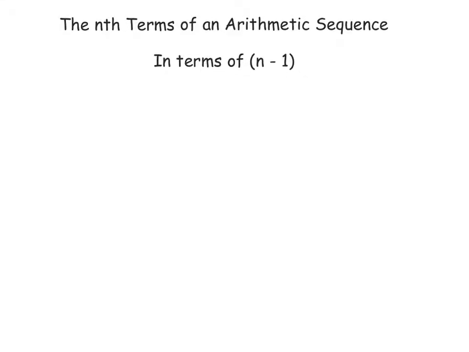Now, I talked in the first lesson that when it comes to writing a formula, we need a few more tools available to do this, and we've got some pretty good options here for an arithmetic. Okay, we'll notice a pretty clear pattern here as we list out the terms. Okay, a sub 1 is just your first term. So a sub 2, we would get that if we took a sub 1 and we add d.